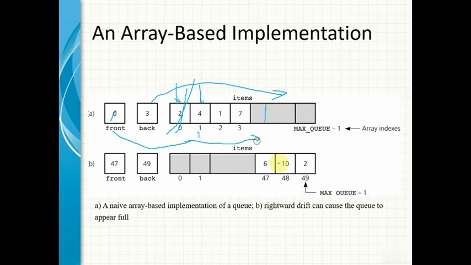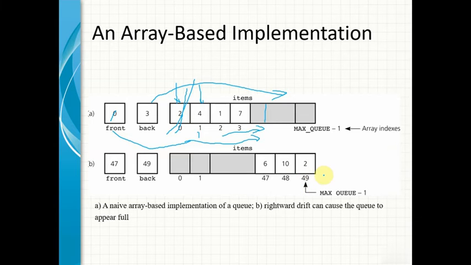And eventually, imagine that this array has a size of 50. So when it is moving to the right, it comes to the case that the last element is located at index 49. So what is the next one?